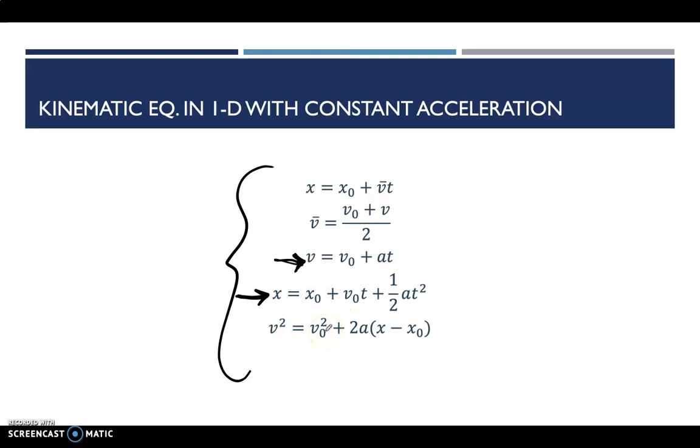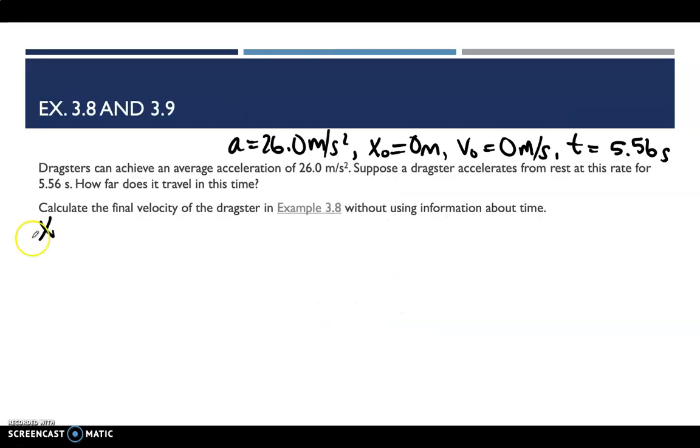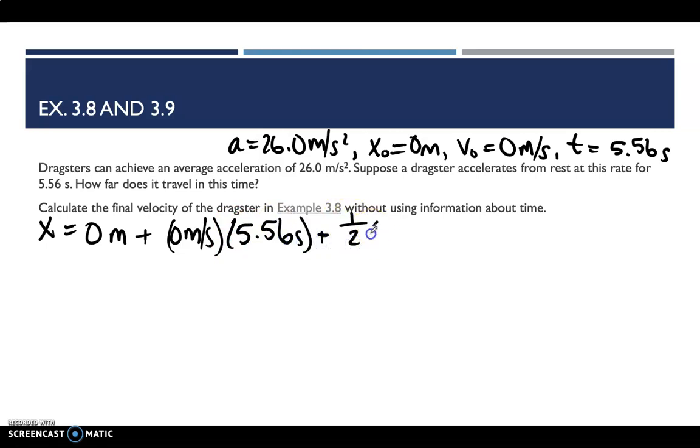So x equals x naught plus v naught t plus 1/2 a t squared. So x equals x naught, which is 0 meters, plus v naught, which is 0 meters per second, times t, plus 1/2 a, which is 26 meters per second squared, times t squared.